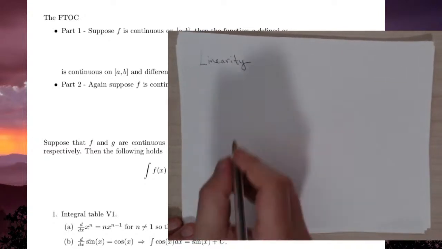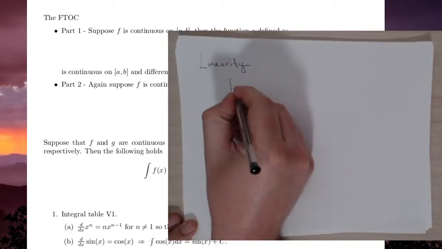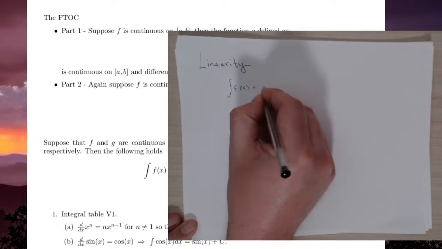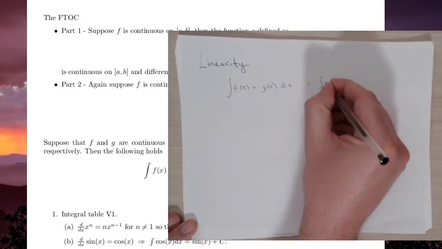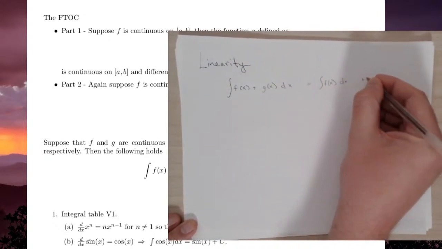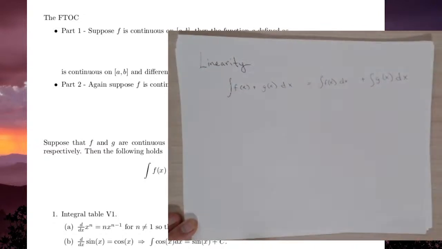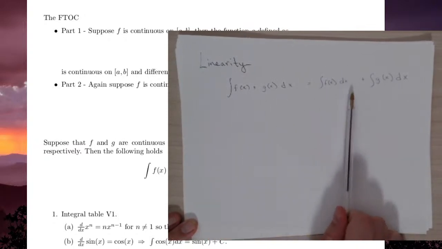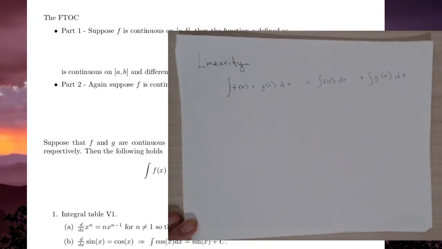Anyway, linearity says two things. What I have on there is that if you take the antiderivative of a sum of two functions, you can just view it as the sum of the antiderivatives. Instead of having to take the antiderivative of this big thing, I can just take the antiderivatives one piece at a time.